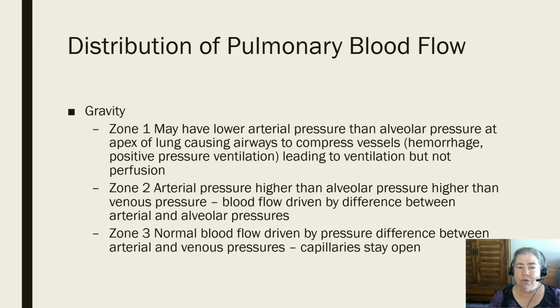In zone 3, there is normal blood flow. The capillaries stay open all the time. But in zone 1, it's possible that alveolar pressures are higher than arterial pressures and can compress the vessels, leading to a situation where there is ventilation but not perfusion.